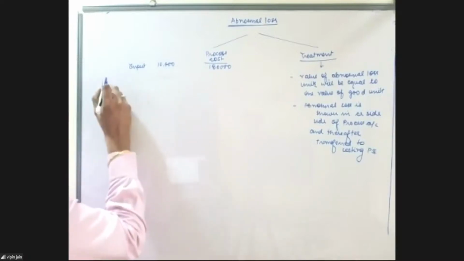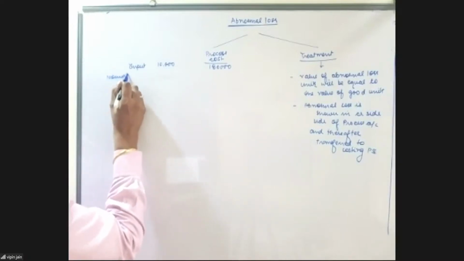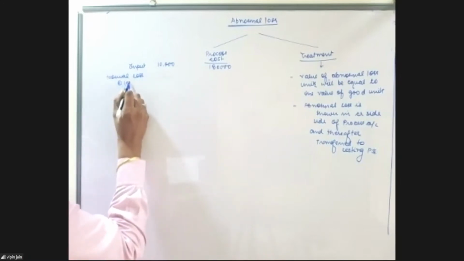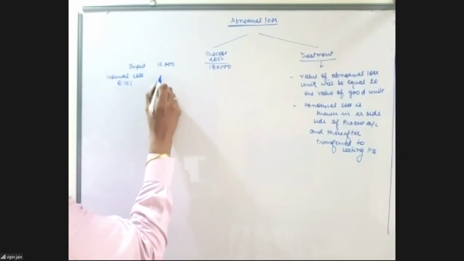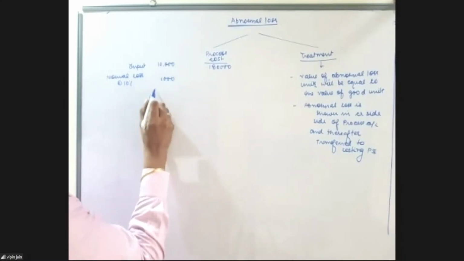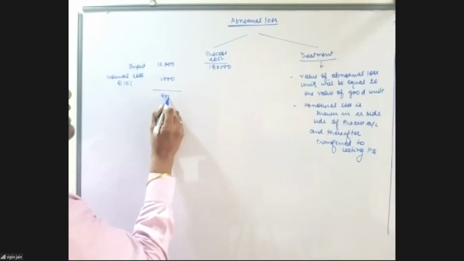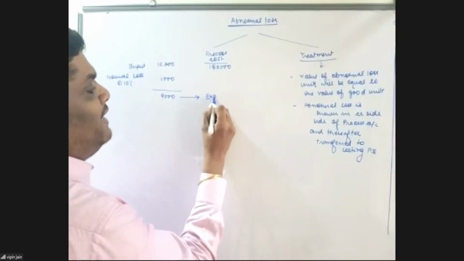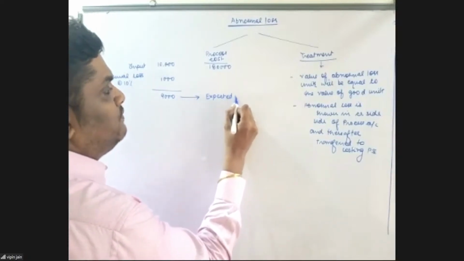Now I'm expecting a normal loss at the rate of 10% of input. So my normal loss is 1,000 and 9,000 I'm expecting as an output. 9,000 is my expected output.